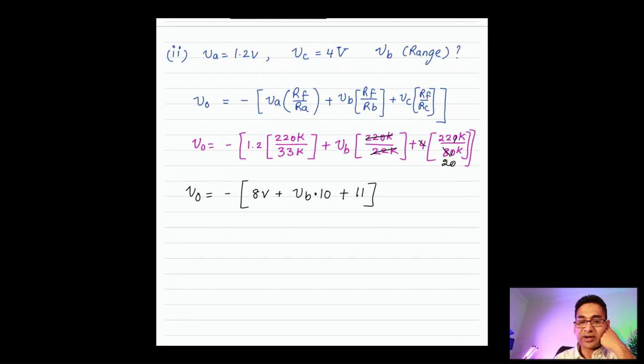Therefore we have a factor of 11 there. It's just a matter of numerical simplification. There you go. VB times 10 plus 11. This evaluates to be 11, this evaluates to be 10 times VB, and this evaluates to be 8 volts. Don't trust me? Plug them into your calculator. Now, let's see.